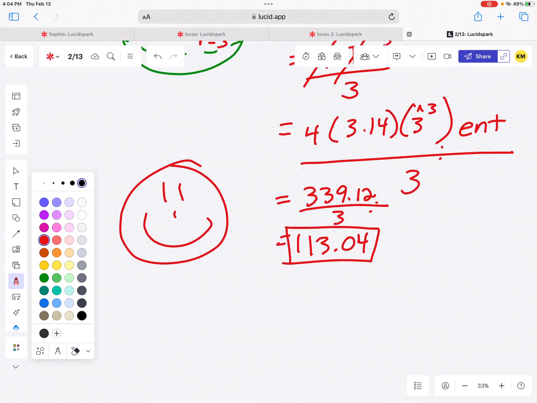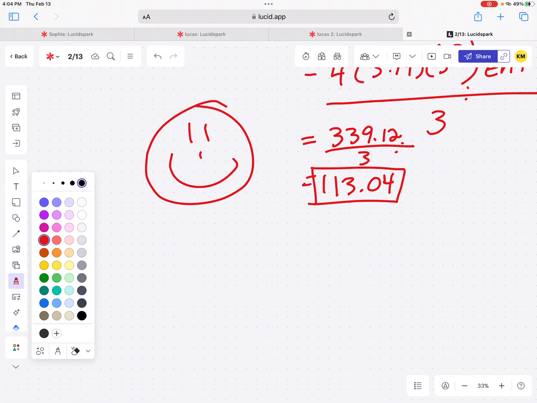Now, on the assignment, the last couple of questions, it says, if it's draining fluid, let's just say 15 gallons per minute.